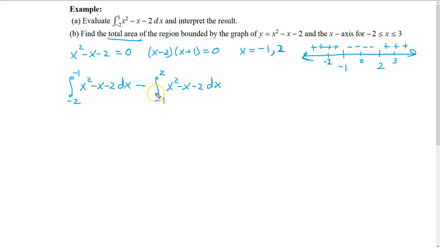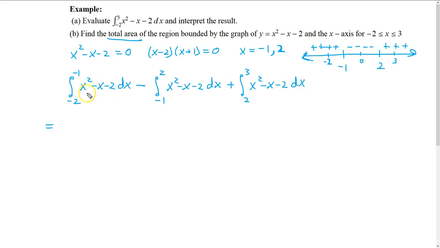You see this quantity here is going to be negative because the function is below the x-axis from -1 to 2, and by going minus a negative number, that will make it positive. Or you could go plus and take the absolute value of this number, of course. You could do that as well. And then finally plus the definite integral from 2 to 3, like that.